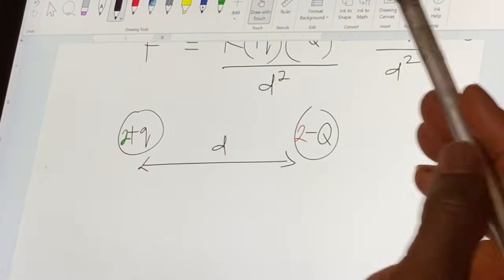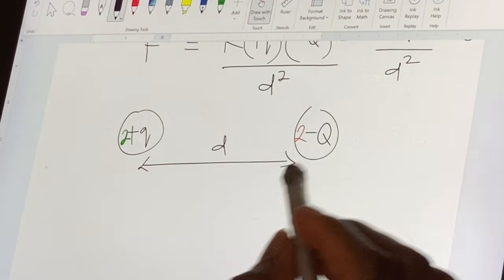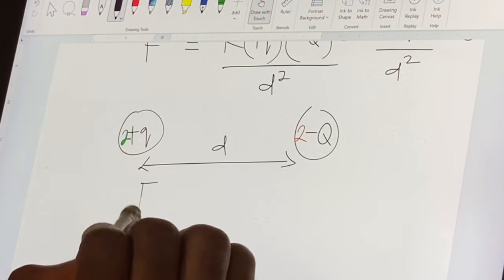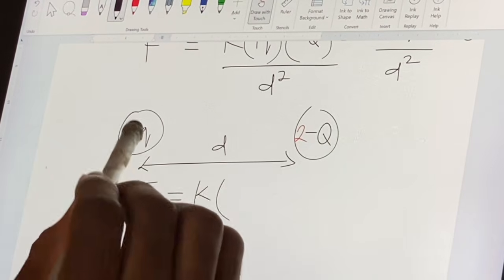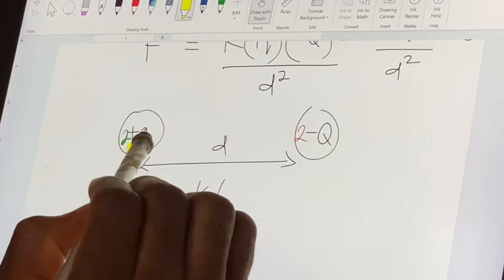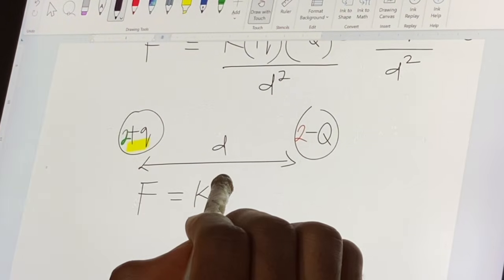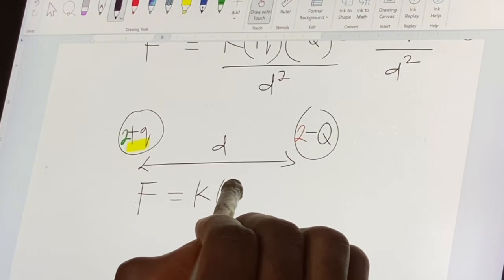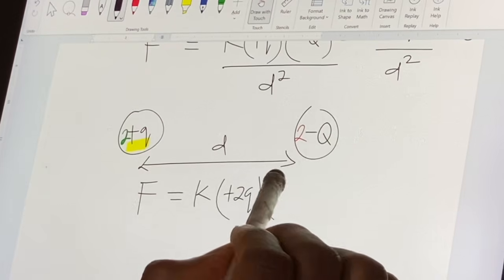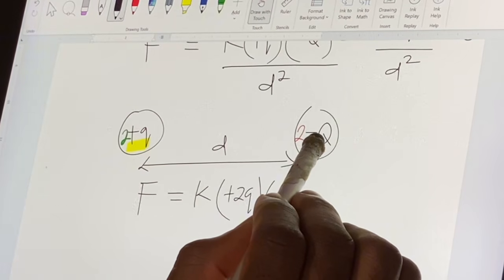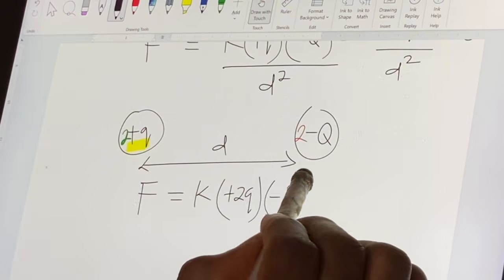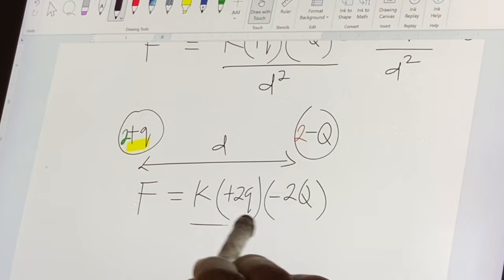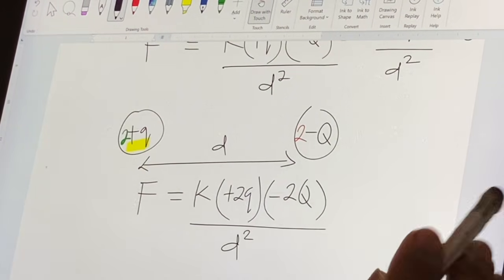Remember, to find the force between two charges, we apply Coulomb's law. So F is equal to K, with Q1, the first charge, being plus 2q, and Q2 being minus 2 capital Q, over D squared.